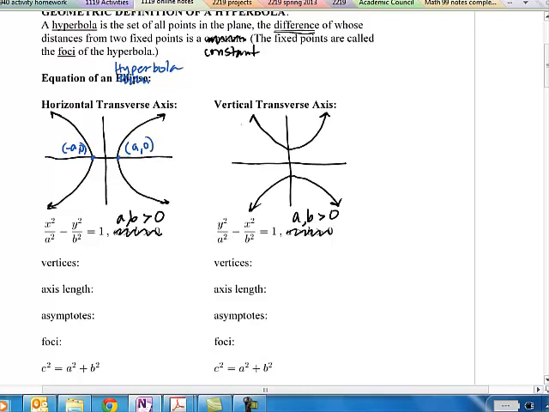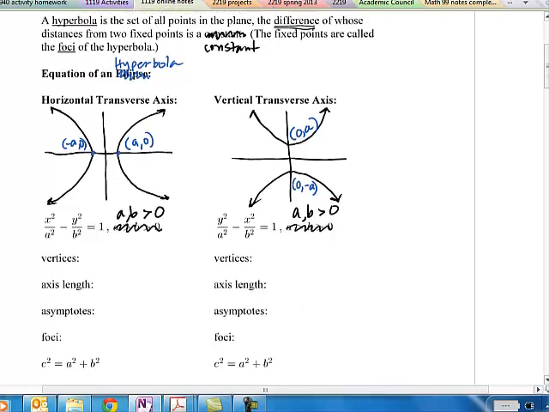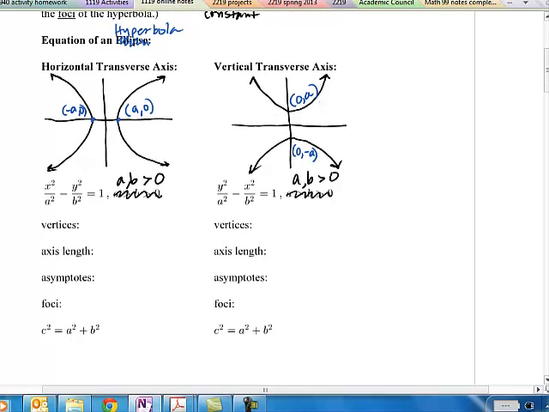Similarly, in the other case, if x is 0, we'll have y squared over a squared equals 1. So we would have (0, a) and (0, negative a) for the intersection of the graph with the y-axis. So we can see at least where the graph will intersect each axis.